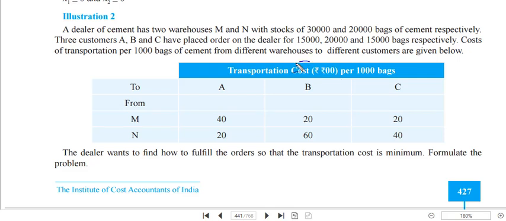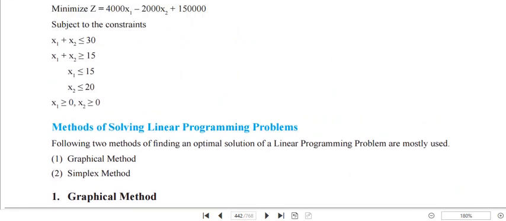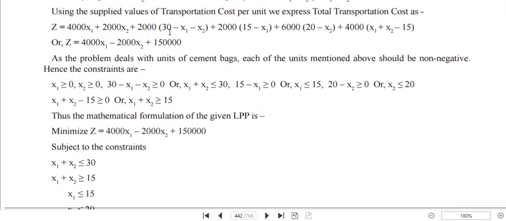The cost of transportation per thousand bags is 40 per 100, so the effective cost will be 4000 only. Based on the table I created earlier, we will have this transportation problem formulation, right? Please wait.